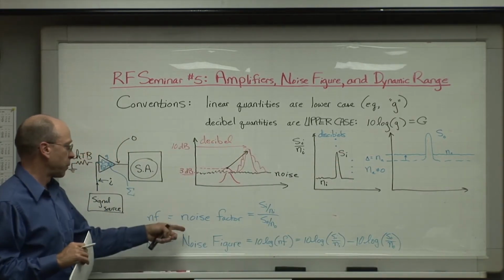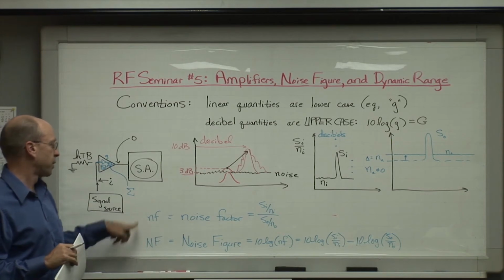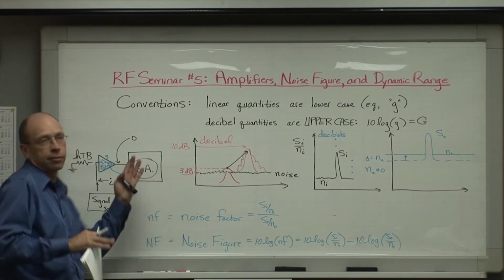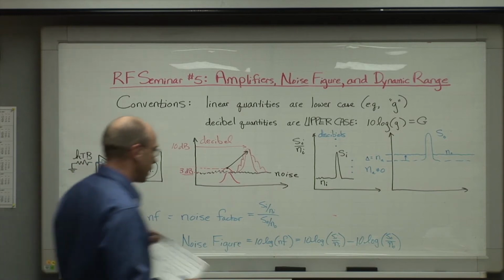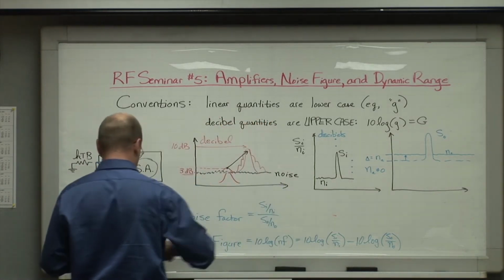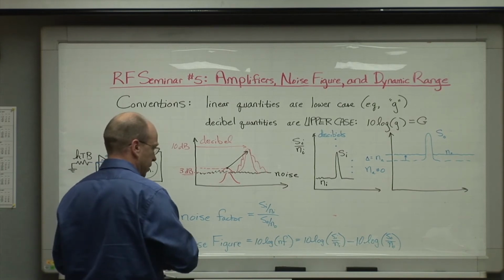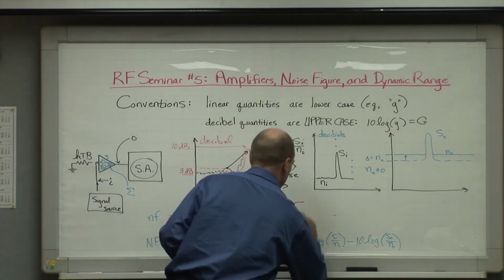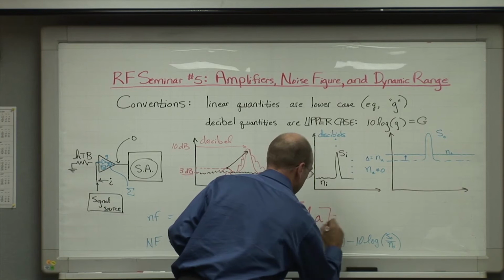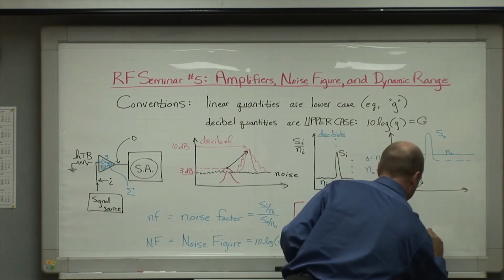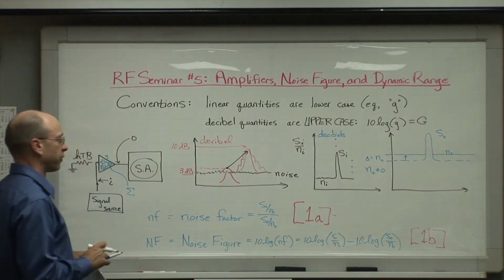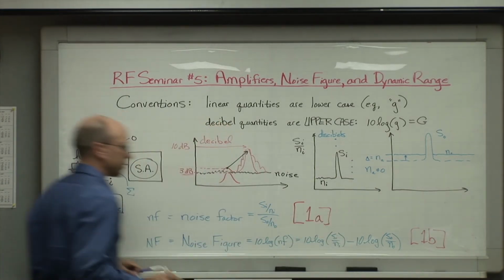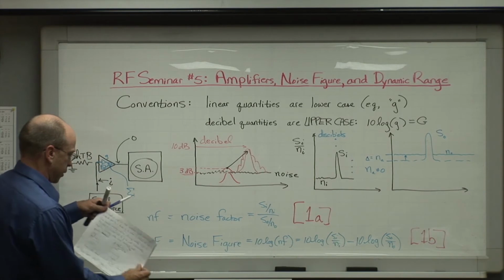So we'll flip back and forth between capital NF, decibel, lowercase nf, noise factor versus noise figure. But that's all that's going on there. I want to label these equations, and we'll label this one equation 1A, sorry for the squeak, and this one we'll label equation 1B, just for some future reference. We can flip back and forth to these. If you're taking notes, you can note that as such.